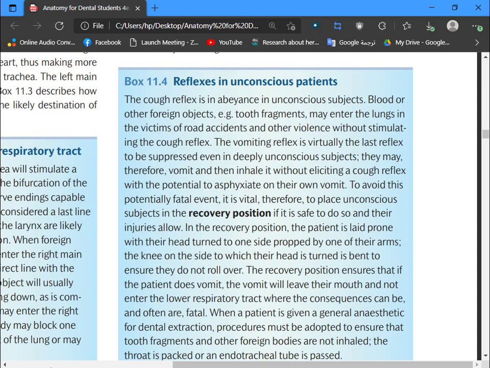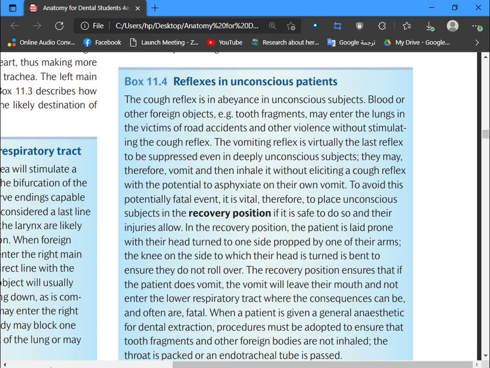To avoid this potentially fatal event, it is vital therefore to place unconscious subjects in a recovery position if it is safe to do so and their injuries allow. In the recovery position, the patient is laid prone with their head turned to one side, propped by one of their arms, and the knee on the side to which their head is turned is bent.